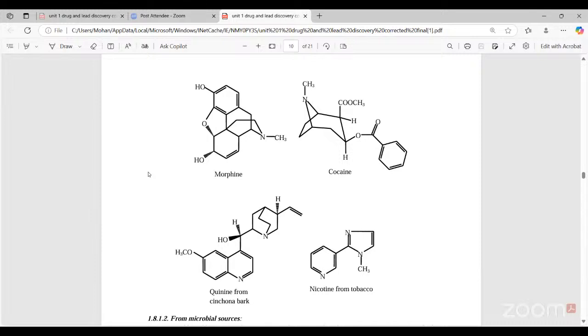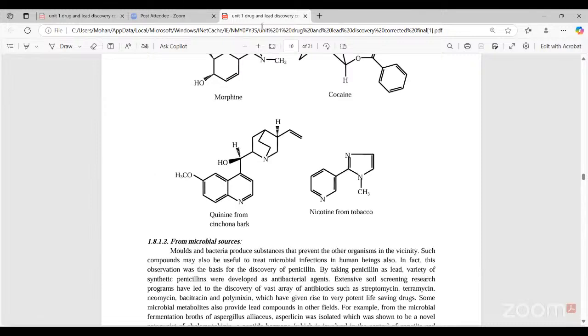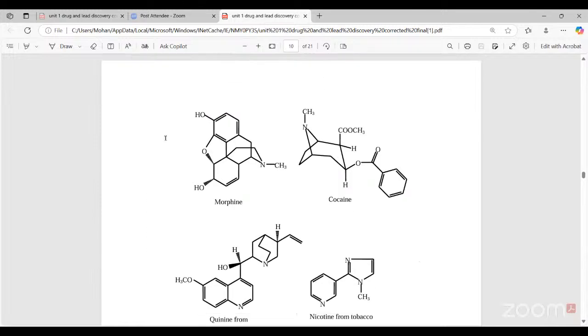The microbial sources, like fungi, molds, and bacteria, also produce compounds that may be used to treat microbial infections in human beings.